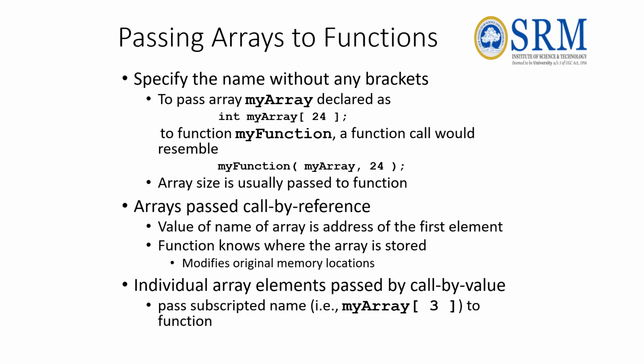Okay. So first of all, why are we going to pass an array to a function? When a function needs to work with an array data type, there are two rules. Whenever a function needs to work with the array, the number of data elements and the data type should be the same.